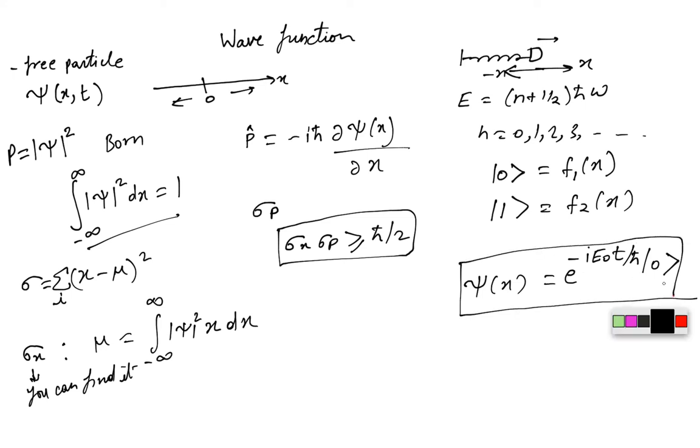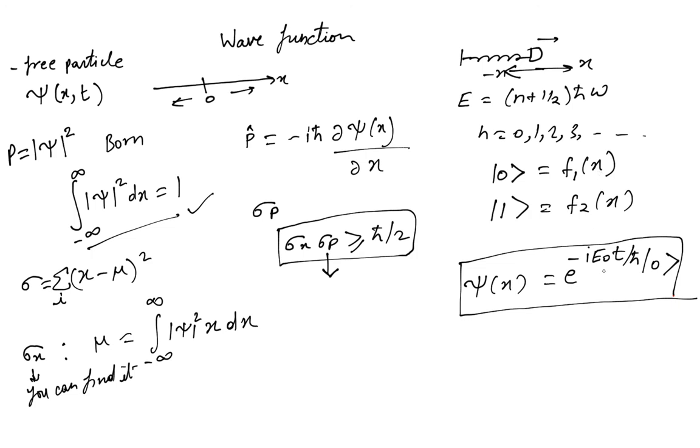It will satisfy this condition, and moreover, it will also satisfy this particular relation. But there's one uncertainty relation you can see straightforwardly. You can see that this ground state actually just depends on x.